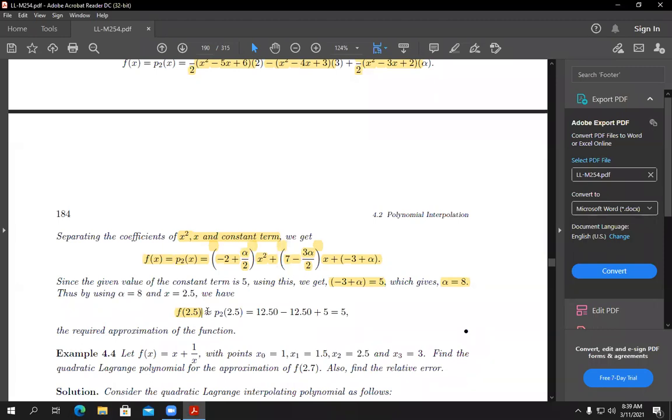The teacher will cut your mark, because the value of the function at the given point should be approximate, not equal. I put equal here because I didn't give you the x from up to down. When x is not given, you can write equal, no problem. So now in place of x, what do you have to put? 2.5 here. And when you calculate, you will get the answer of the problem.